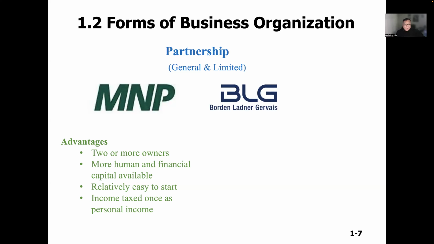Also, it's very expensive for one person to rent an office building in downtown Vancouver. It's very expensive for one person to bear that level of cost. But if you have 10 partners, they run the building and share the office. So right away you can see that they have more financial capital. They pool the financial capital to share the cost.